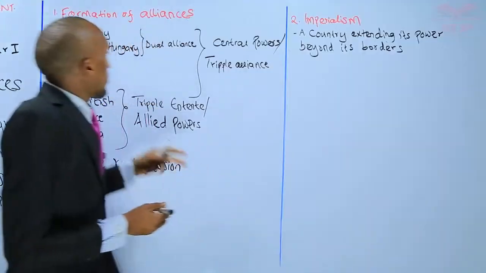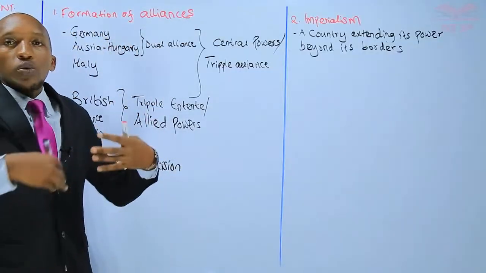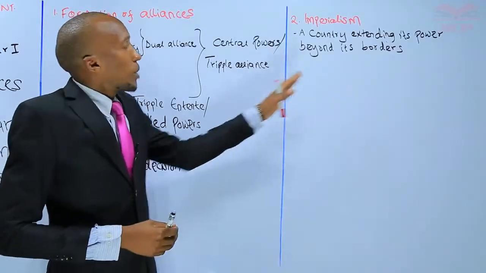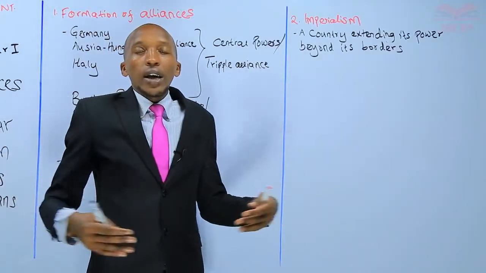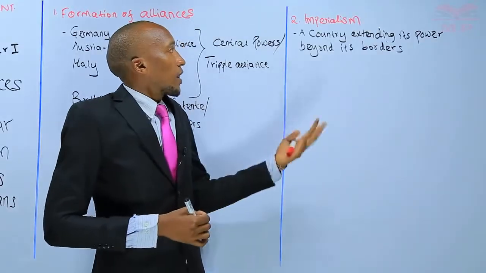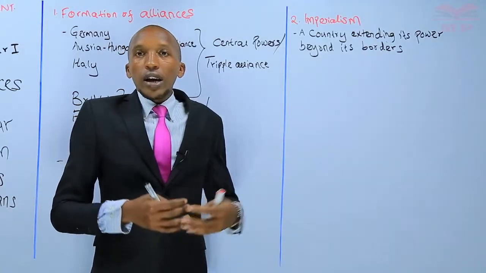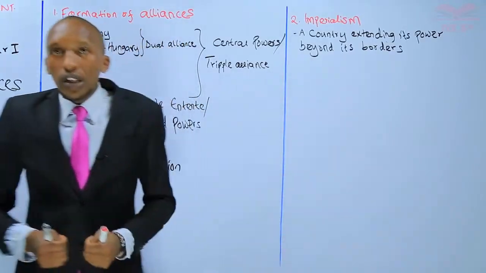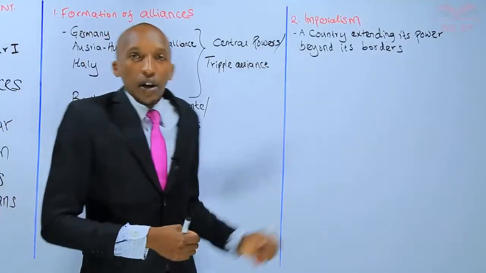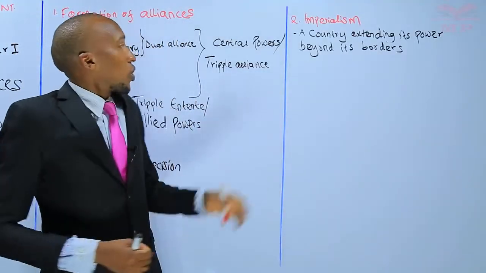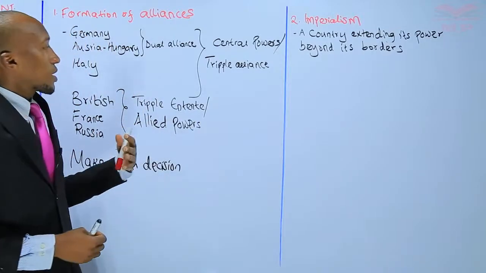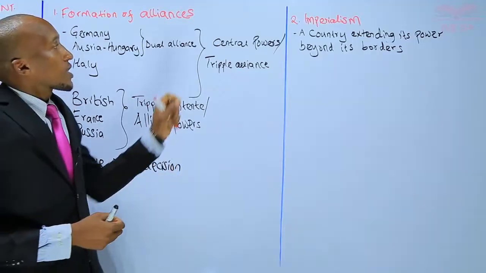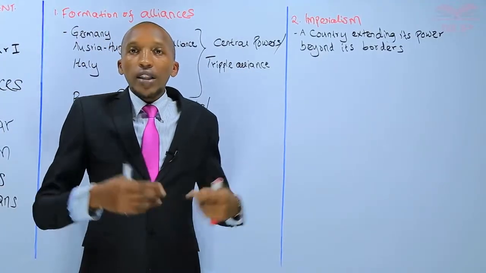So these powers wanted to show their might beyond their own boundaries by getting extra territory in other countries. You can see this by looking at the colonization process that was happening in Africa and in the Americas. These powers, which at that time we could call superpowers, wanted to exert their power in other areas.